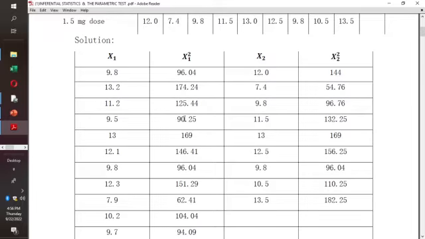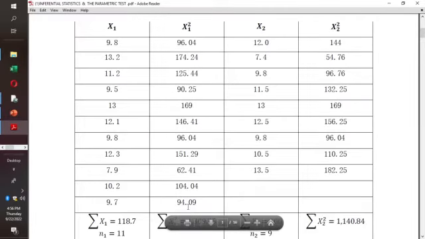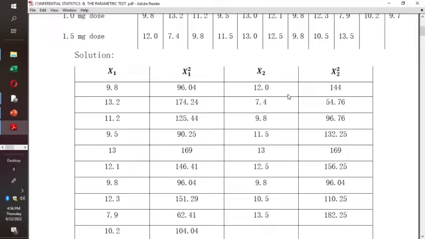So, yan po ang pasunod-sunod na ginawa namin hanggang sa 9.7 times 9.7 is equal to 94.09. The same po sa 1.5 mg dose dito po sa group 2. 12.0 times 12.0 is equal to 144.